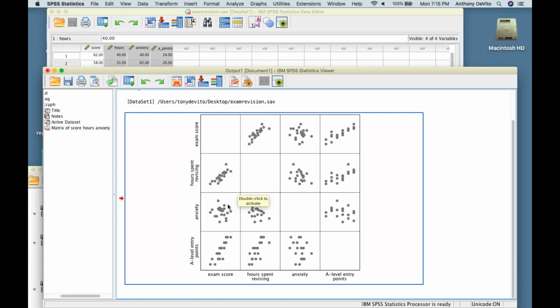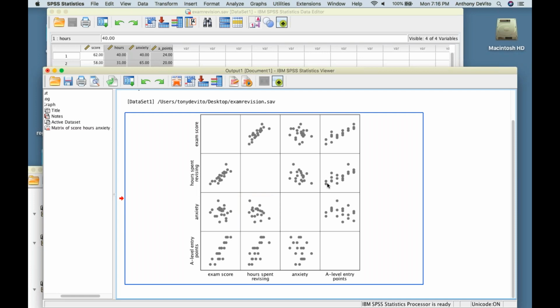What about anxiety and hours spent revising? No. How about anxiety and academic achievement? No. It looks like there's just this one comparison among the predictor values where hours spent revising and A-level entry points seem to have a high level of correlation.